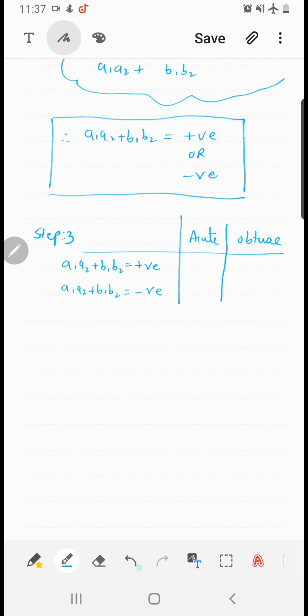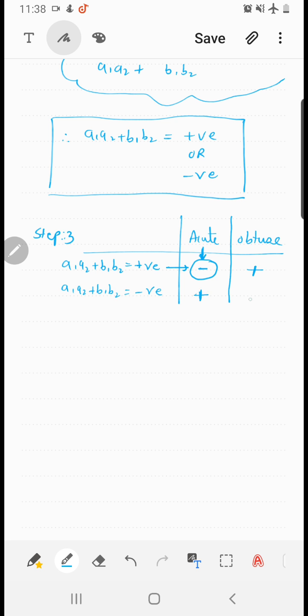Here in this table, again we will remember only one sign. Okay, so when this is positive and when we are talking of acute, the sign here to go for is negative. Okay, now if this is negative, the sign next to it would be positive. If this is negative, the sign below it would be positive.